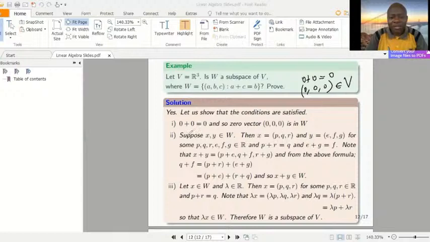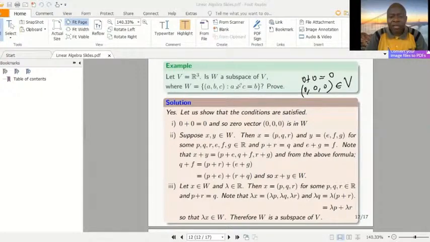Now we proceed to show that it's closed under addition. And remember the condition here. We pick two arbitrary vectors from W, of course. We are not using specific examples. And show that their sum fulfills this condition.